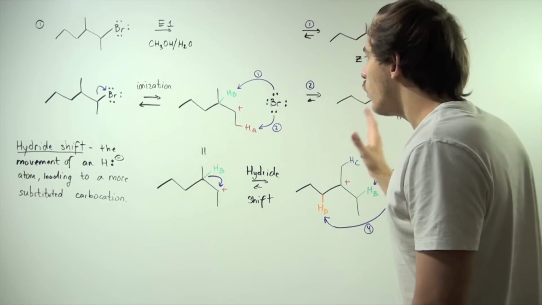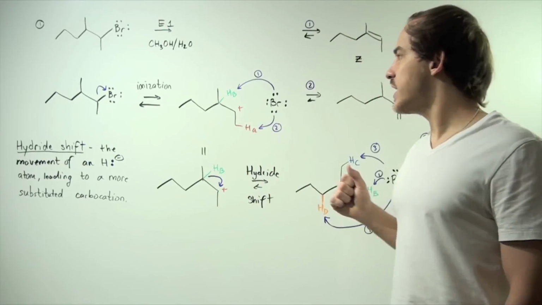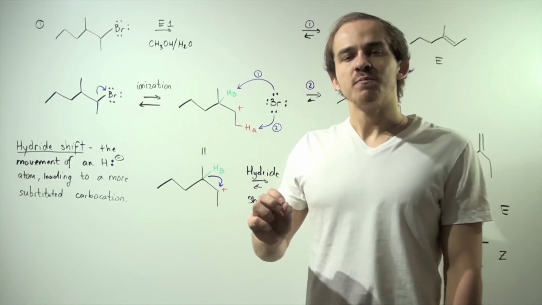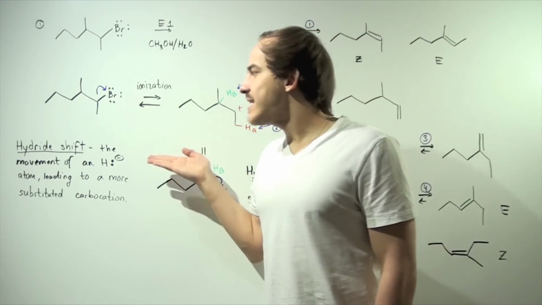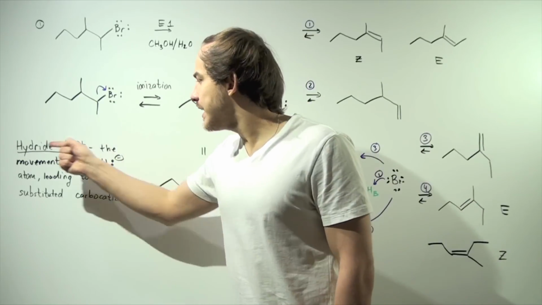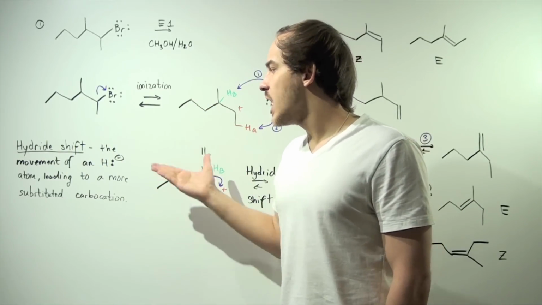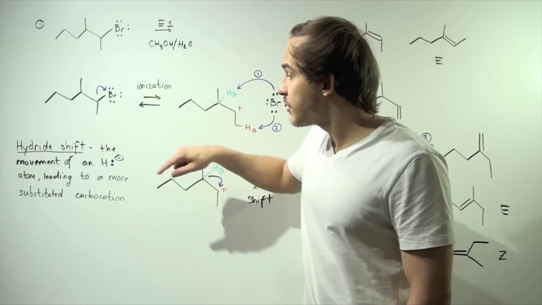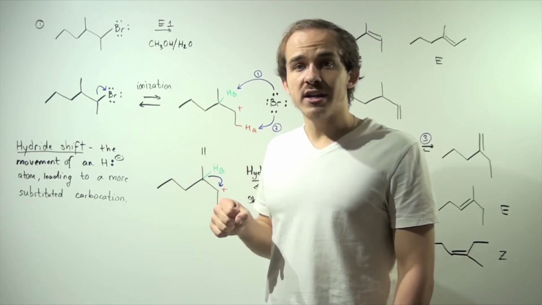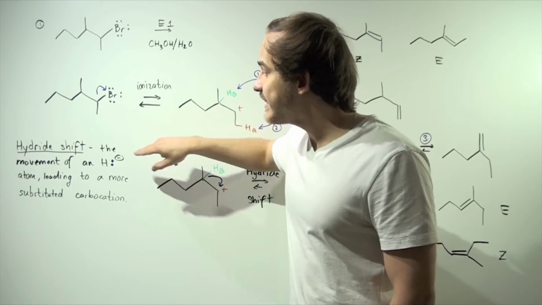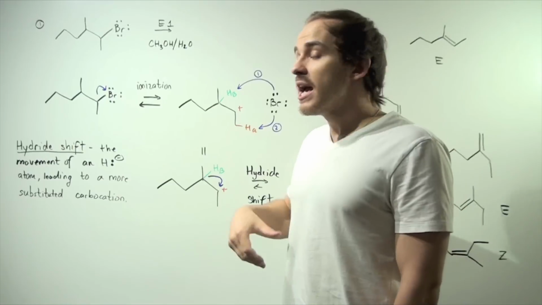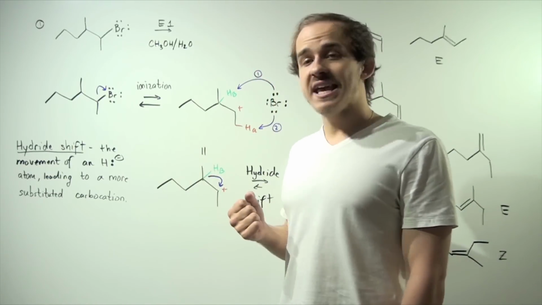So is this the only thing that can take place in our reaction? And the answer is no. There's also something known as the hydride shift. The hydride shift is simply the movement of an H ion with 2 electrons in the 1s shell. So that means we have a negative charge on this atom. And why does a hydride shift take place?